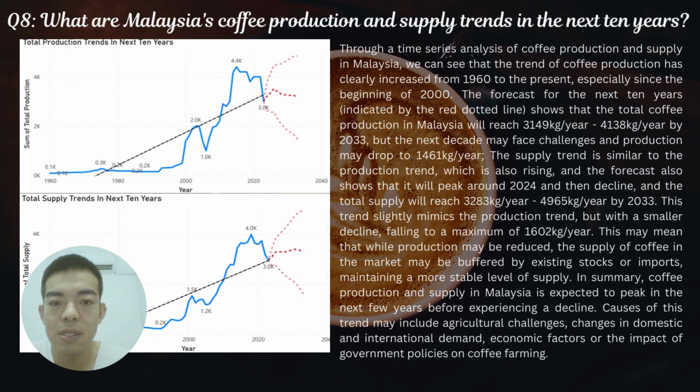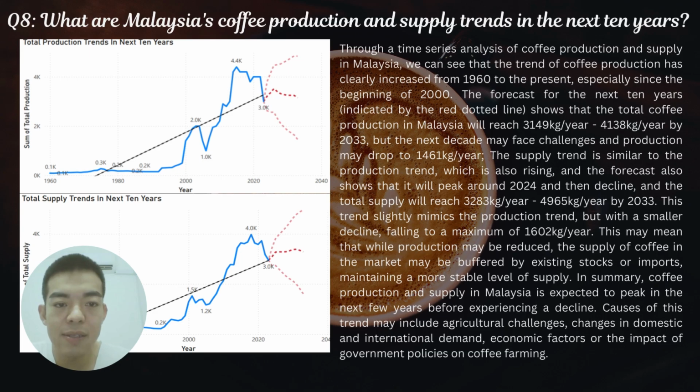Simultaneously, supply chains mirror these production numbers, peaking around 2024 before facing a decline. Despite a potential production decrease, supply levels are forecast to be more stable, ranging between 3,283 and 4,965 kilograms per year by 2033.